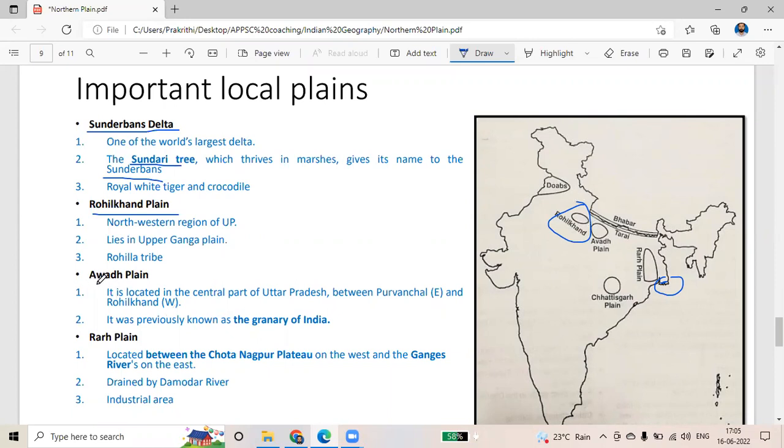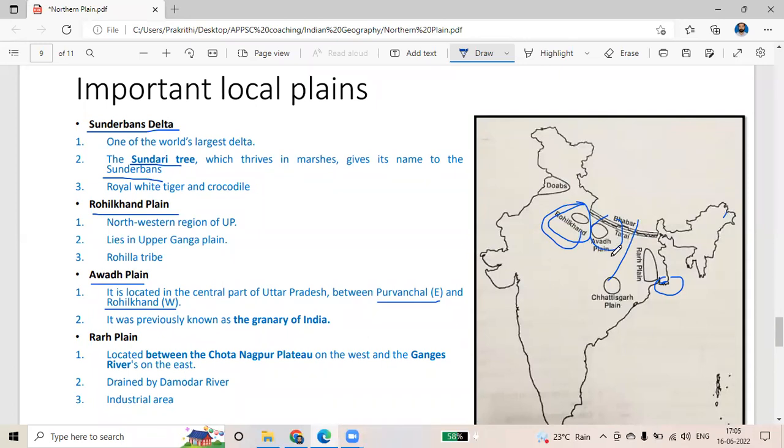Then the Awadh plain, that is almost at the central region, located in the central part of UP between the east and Rohilkhand in the west. तो इसके बीच में आएगा अवाध प्लेन.